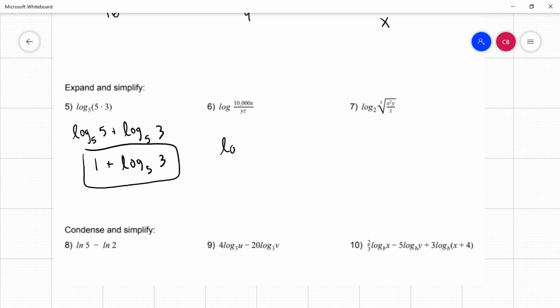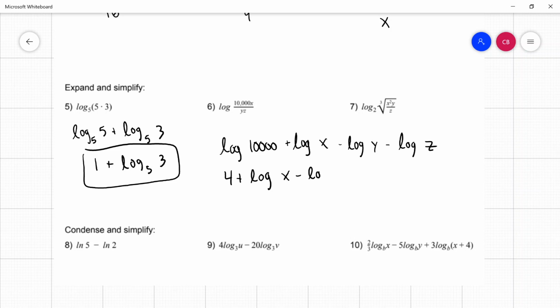Next one, log 10,000 plus log x minus log y minus log z. 10,000: 10 goes into 10,000 4 times. So this is 4 plus log x minus log y minus log z.